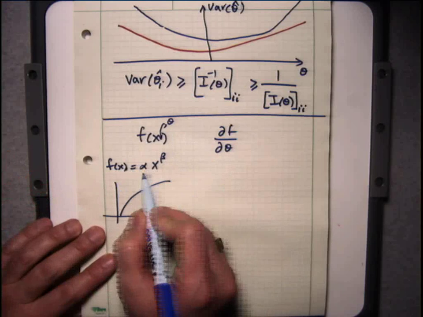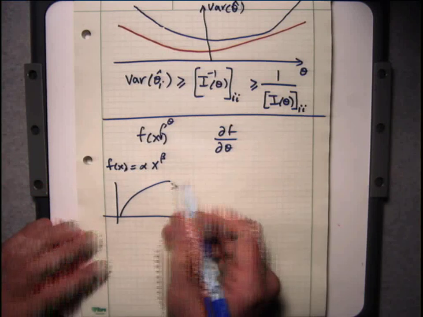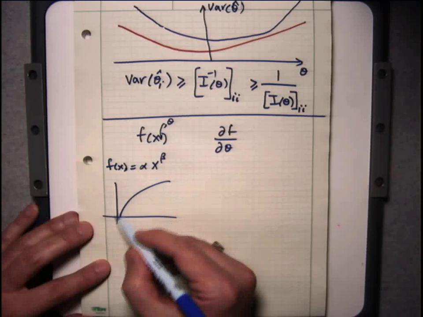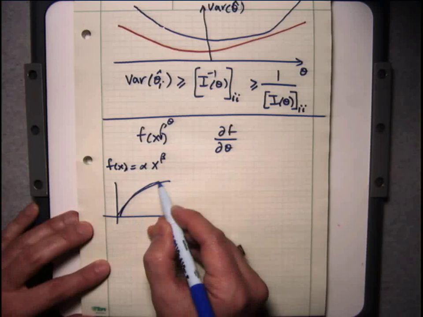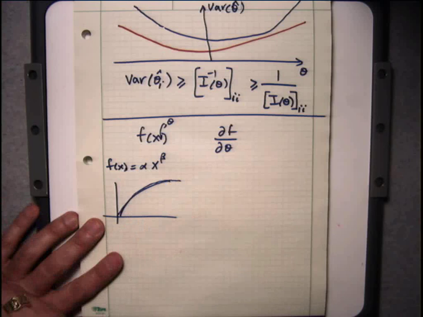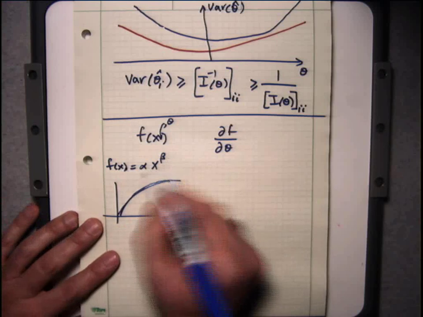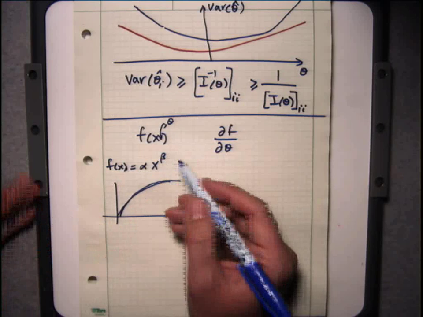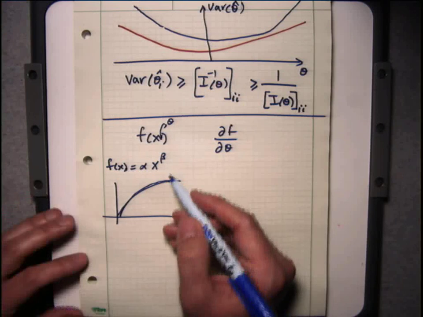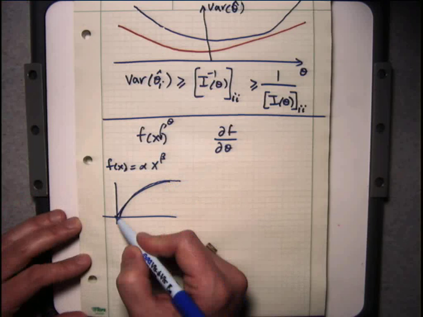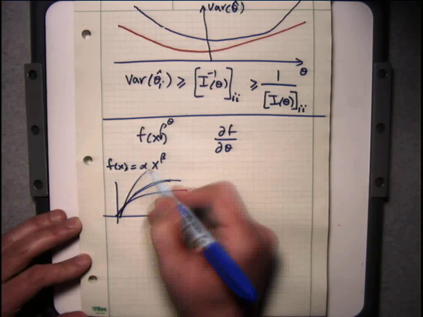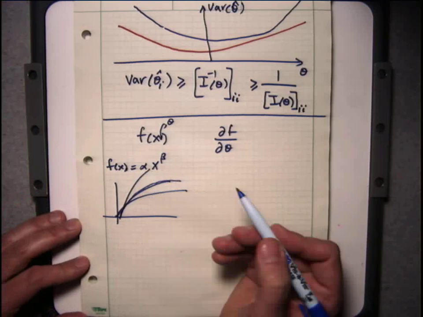Well, if I change alpha, this will change, but probably not a whole lot. It might look something like that. Now on the other hand, if I change beta, I could really screw things up. I could make the curve look really different. So it might suddenly do this, or it might suddenly do that.